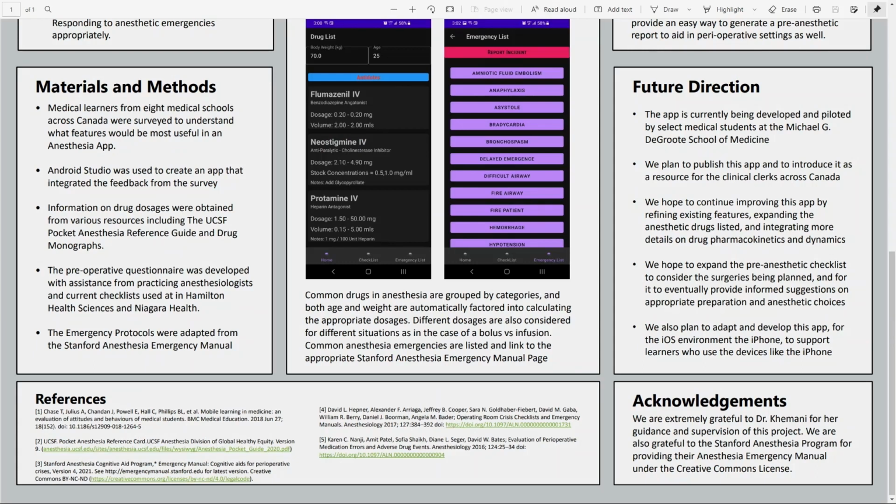In order to develop this app, we initially reached out to medical students from across Canada and surveyed them to understand which features they would find most useful in an anesthesia rotation.